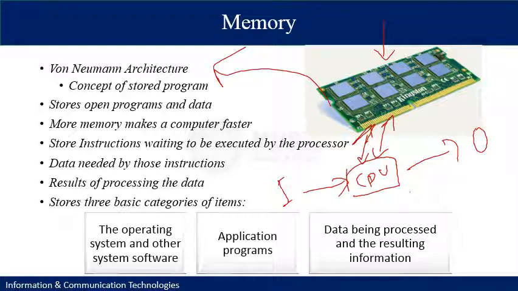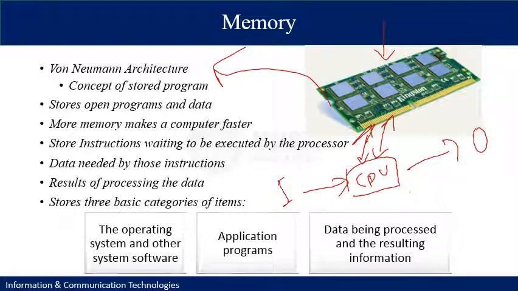More memory usually makes the computer faster because it helps to hold more programs in the memory at the same time, so that the CPU may have access to those programs and execute them at a faster rate. So the memory stores instructions waiting to be executed by the processor.